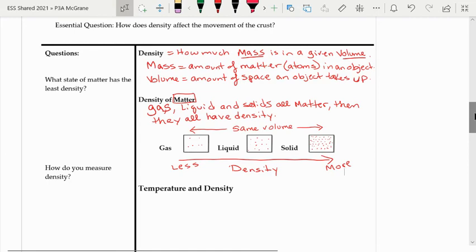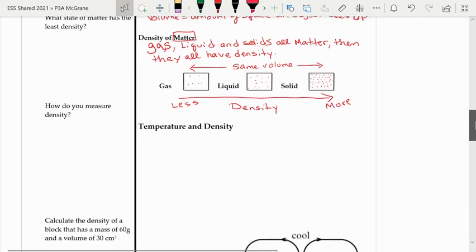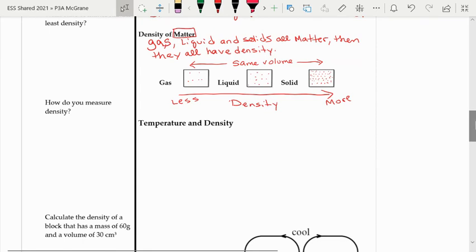All right, so let's go ahead now and look at how temperature can change density. So when we're looking at temperature and density, we're gonna look at and say that an increase in temperature makes things less dense.